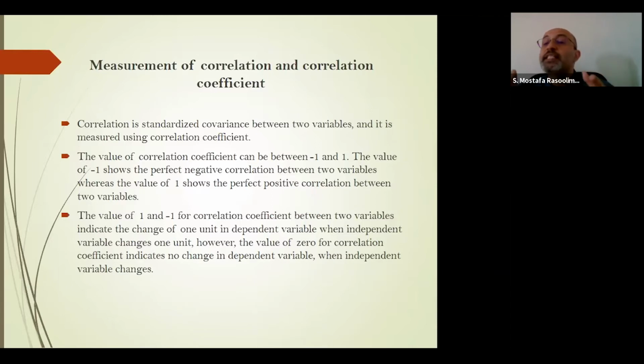If the correlation is between -1 and 1, it's 0. 0 means there is no relationship between these two variables. So the range of correlation is between -1 and 1. -1 and 1 mean highly correlated, but 1 is positive and -1 is negative, and 0 means no correlation.